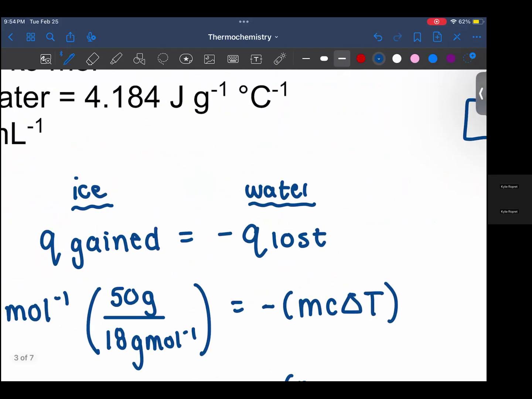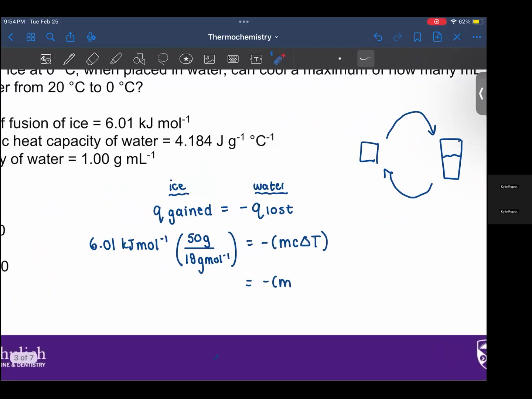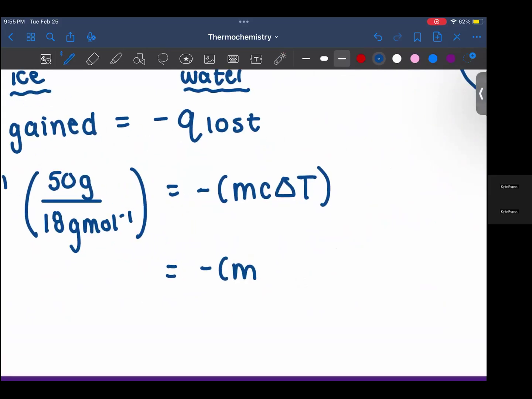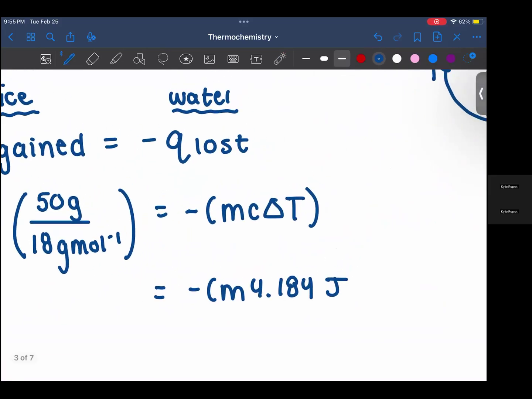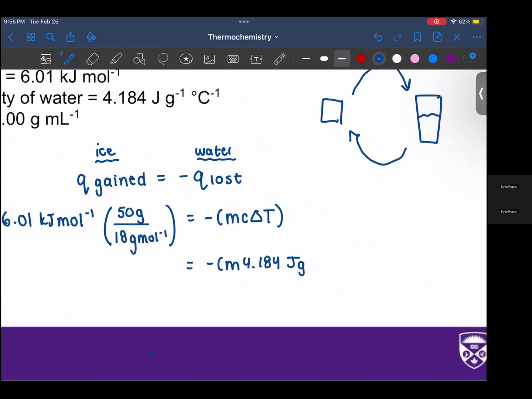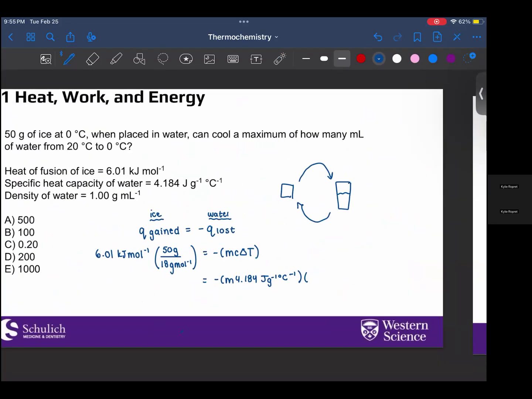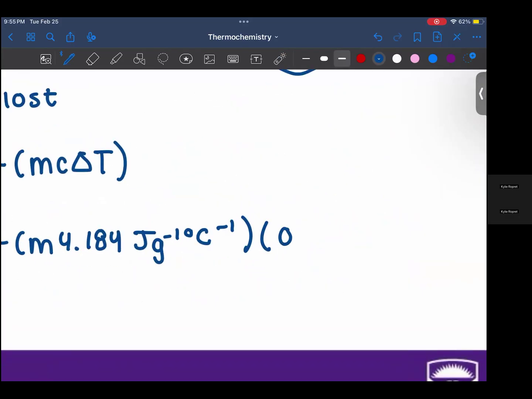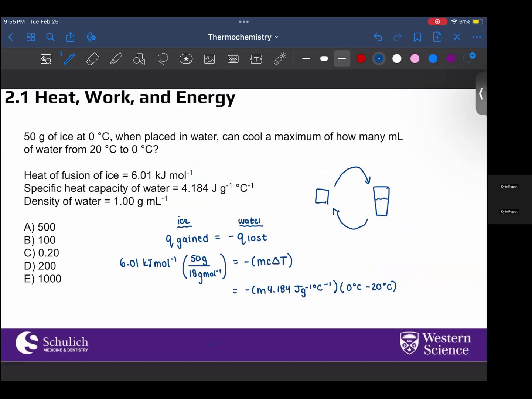We know that the c of water, the specific heat capacity, is 4.184. And then our change in temperature, so we're going from 20 degrees Celsius to 0 degrees Celsius, so final temperature minus initial temperature will be like that.